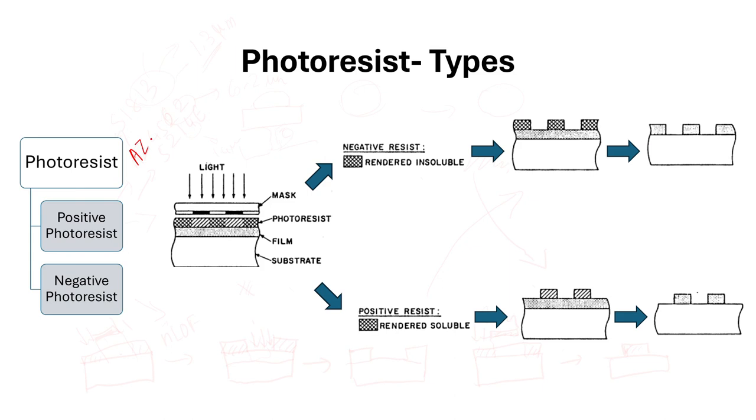Some of them are AZ 4562 and 5214E. There is also S1813, that is also a positive photoresist. Some of the negative photoresists are NLOF, so they have some series number like this. So these are some of the readily available photoresists that are sold.